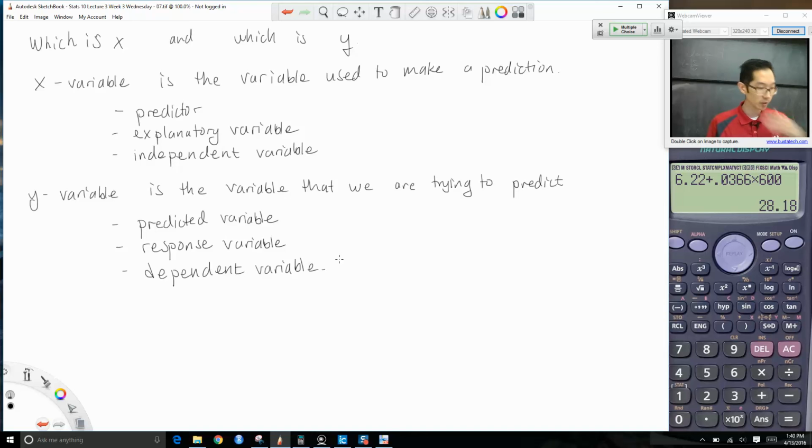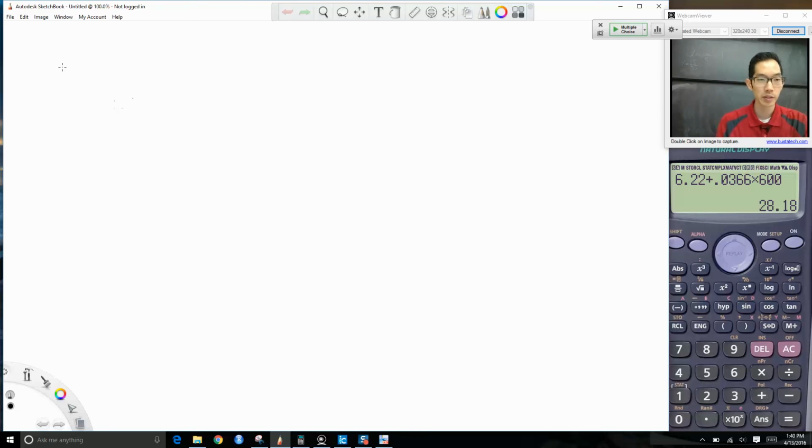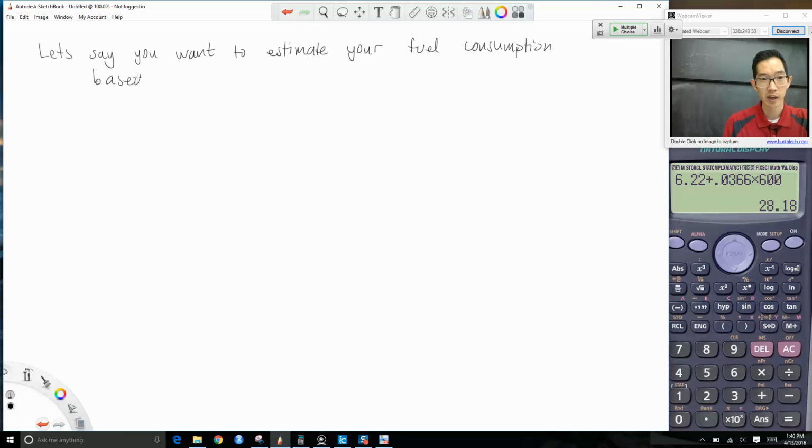All right, so let me make up a few examples. Let's say you want to estimate your fuel consumption based on the distance of your next road trip.